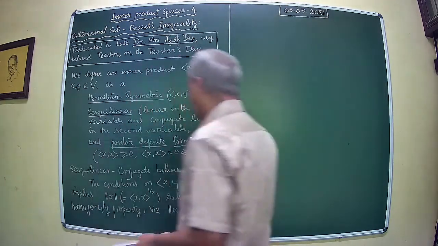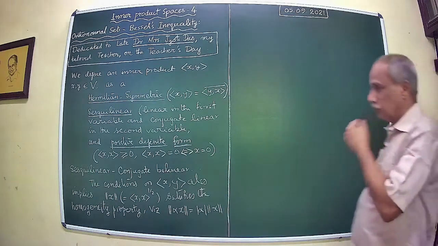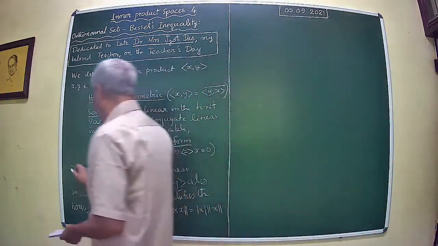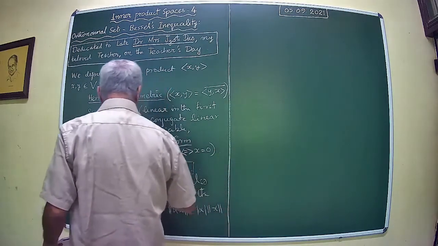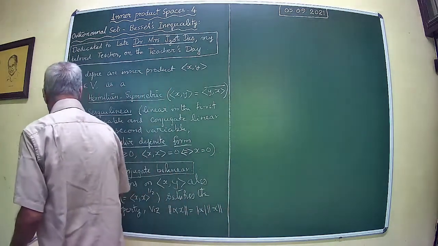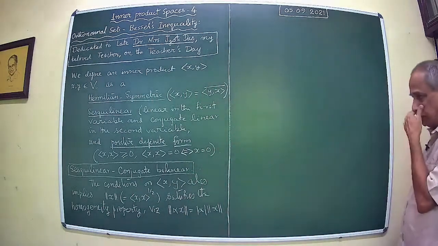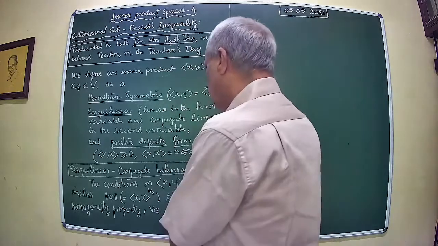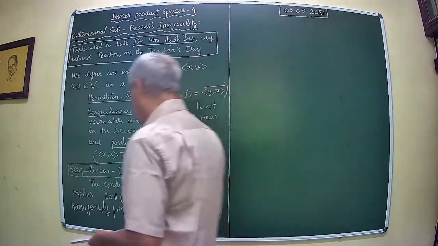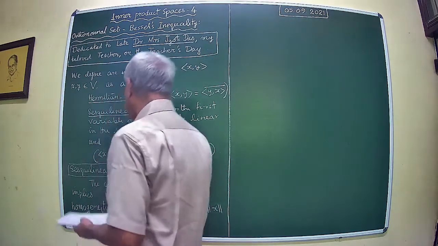These are the three attributes that you have for the inner product. Now this is also the other terminology that is used. Sesquilinear is sometimes called conjugate bilinear. Now the conditions also imply that norm of x satisfies the homogeneity property.